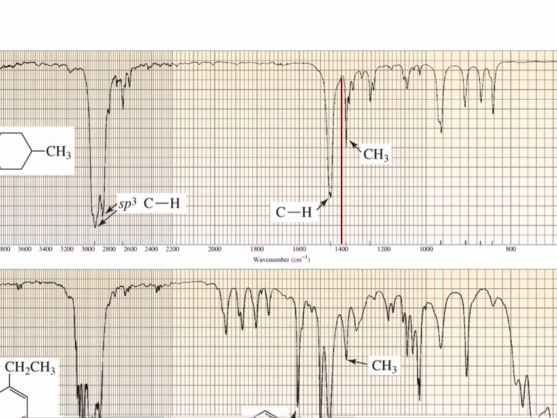Now if you see peaks on the right side of 1400, you can definitely say that there is going to be a methyl group in the molecule. This is going to correspond to the CH bending vibrations in the methyl group. But the peak on the left side of 1400 centimeter inverse is going to correspond to the other hydrogens that are associated with the other sp3 carbons other than the methyl group.